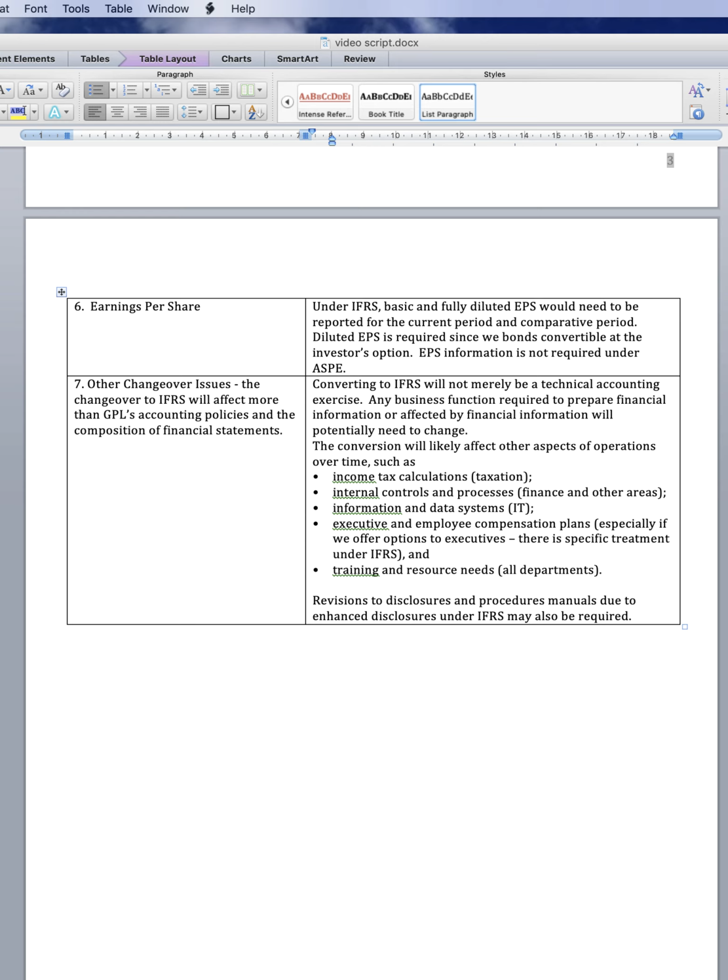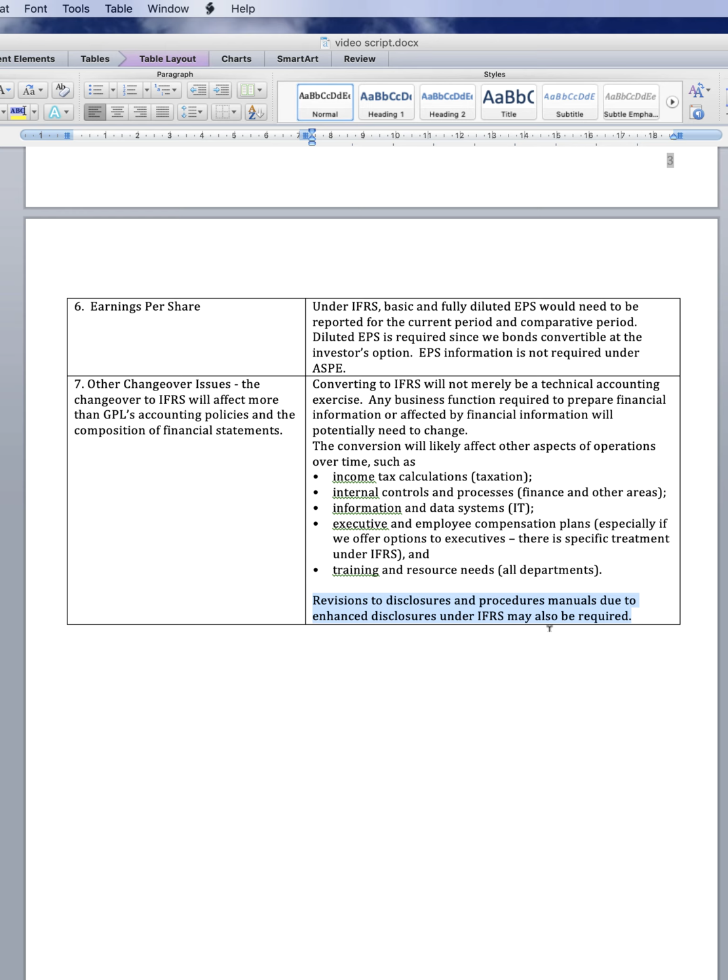And again, training your staff, and even doing manuals. We test for impairment when these particular things happen because we're following IFRS. You have to tell your staff what to do and what we need to look for to assess impairment. So again, any revisions to disclosures and procedure manuals due to enhanced disclosure requirements under IFRS might also be required. So this is no easy thing to do.